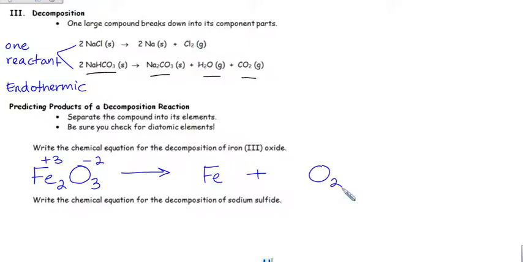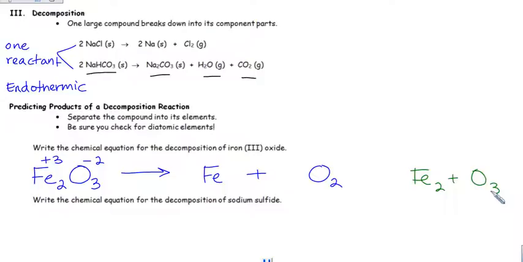Now again, you can probably estimate the most common error here. People will say Fe2O3 decomposes to produce Fe2 plus O3. We're like, I don't know, just slash that thing in half, right?